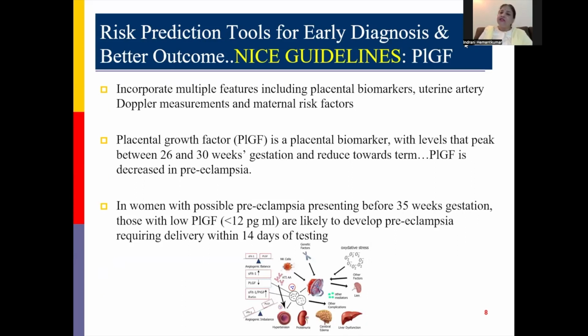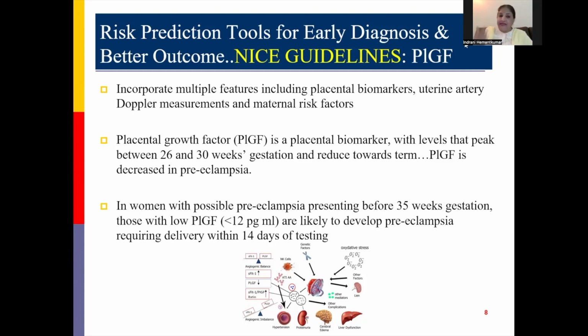There are some risk prediction tools for early diagnosis. And the NICE guidelines have come in to identify patients who can develop preeclampsia. So what are they? The first and foremost is the placental growth factor. In these NICE guidelines, they have incorporated multiple features.